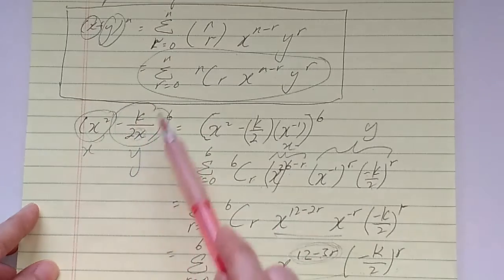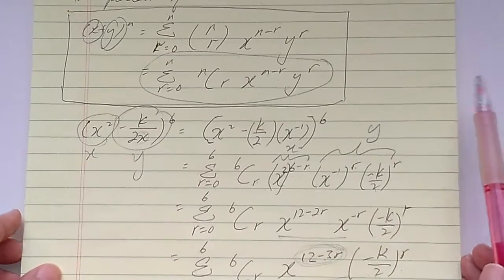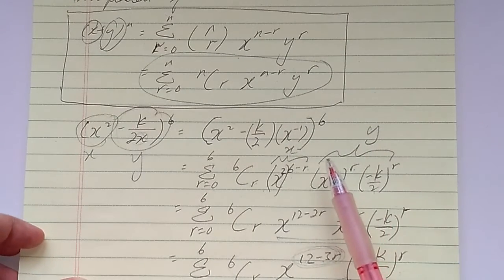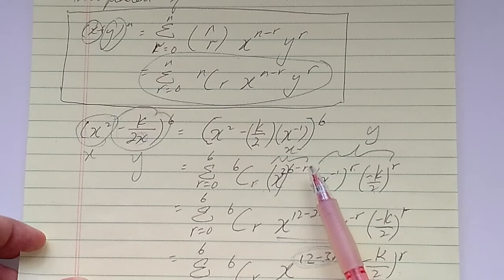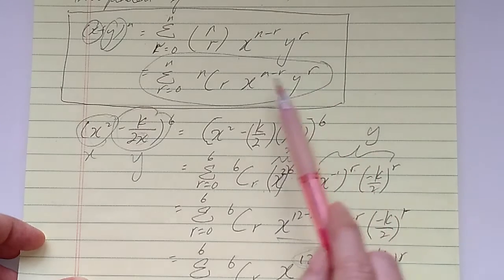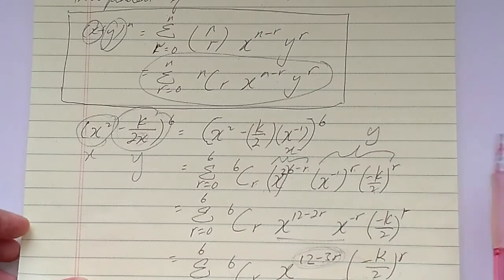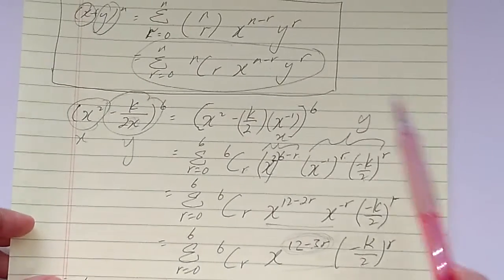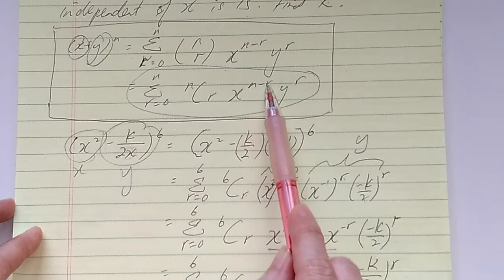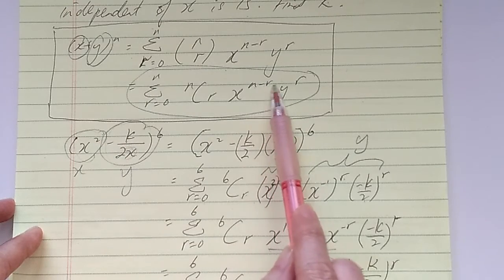So n is 6, and we want to find the term where x is to the power 0, the constant. So when x to the power 0, what is my r?